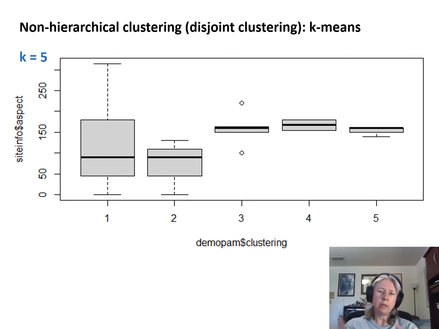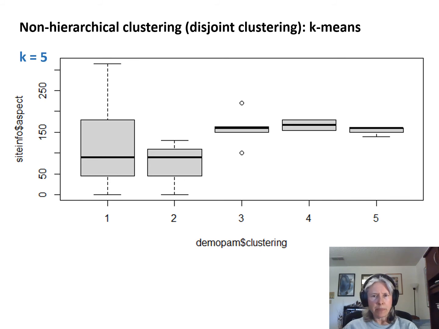And so once again, looking at differences with aspect by cluster. And so again, you get a box plot. How would you interpret this? You can see that clusters 1 and 2 have sites that represent a wider range of aspects, whereas clusters 3, 4, and 5 represent sites that are all at a very narrow range of aspects, with mostly similar aspect values.